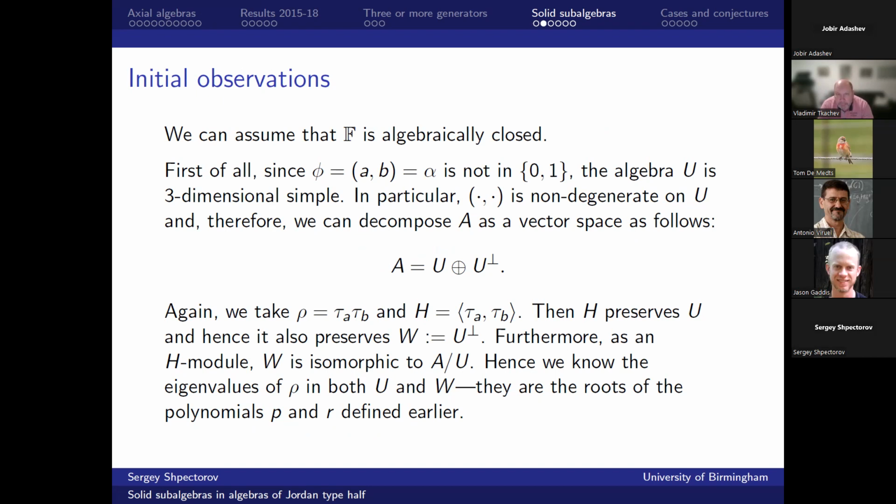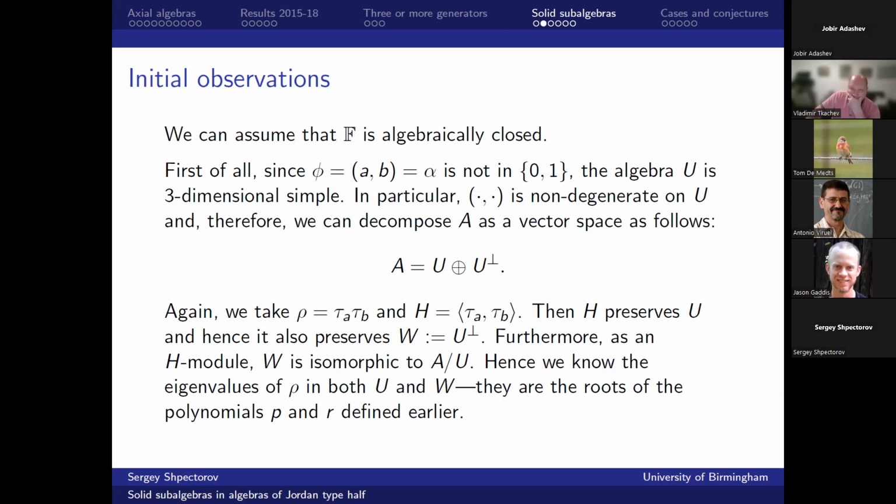It means also that the Frobenius form on U, if you restrict it from A to U, is the same form as U normally has, because the form is always unique.